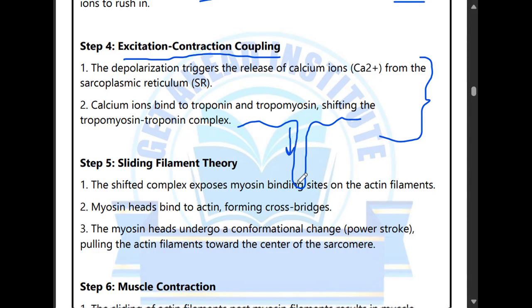It will meet a protein known as the dihydropyridine receptor. When they meet that dihydropyridine receptor, they will stimulate it. This dihydropyridine receptor is a voltage-sensitive calcium channel.